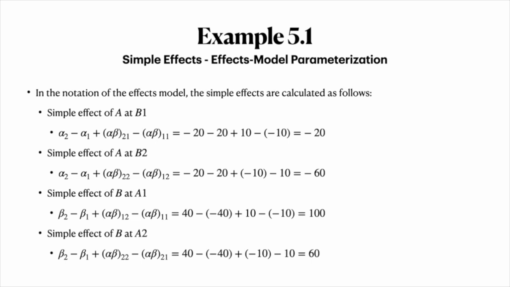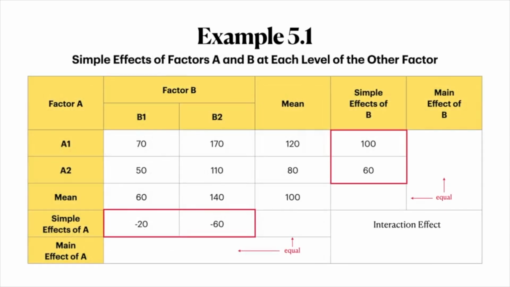Using the effects model notation and values, the simple effect of A at the second level of B is negative 60. The simple effect of B at the first level of A is equal to 100 using this formula and the corresponding values. And the simple effect of B at the second level of A is equal to 60. And we can verify that those values are the same values that we got using the means model formulas as well.